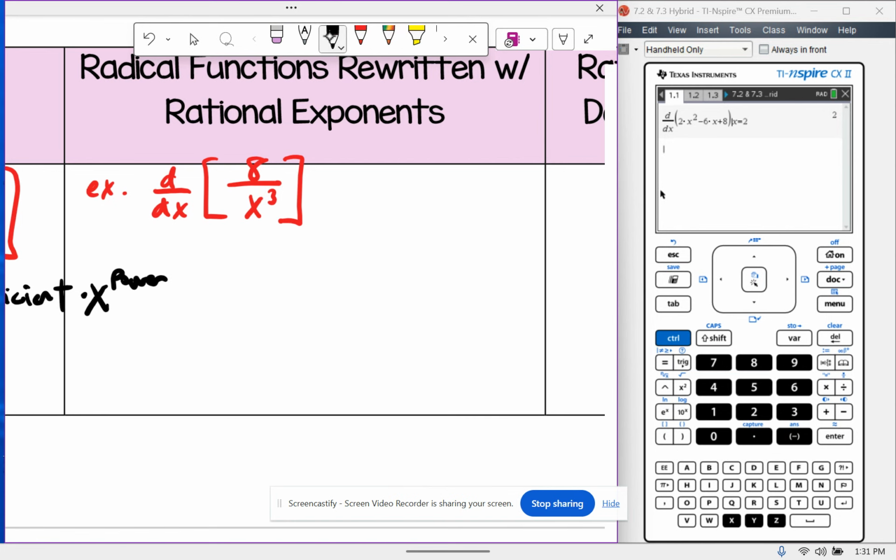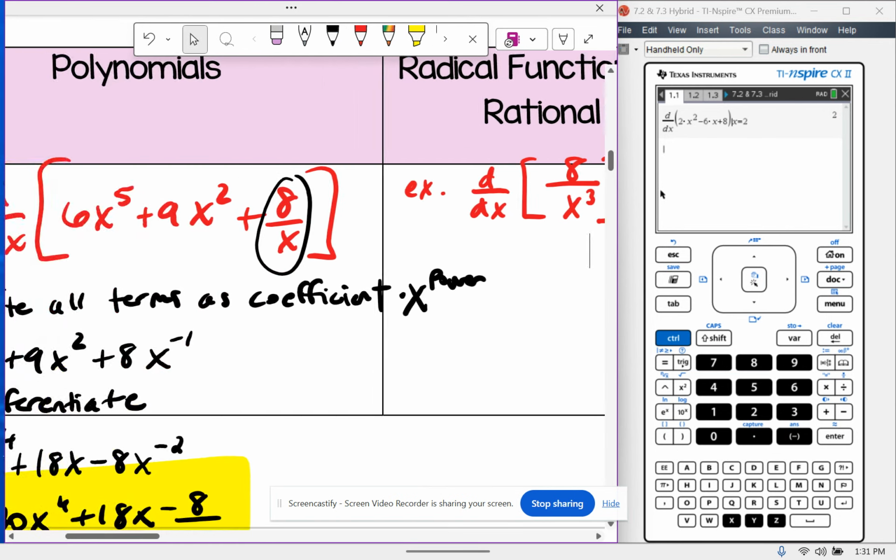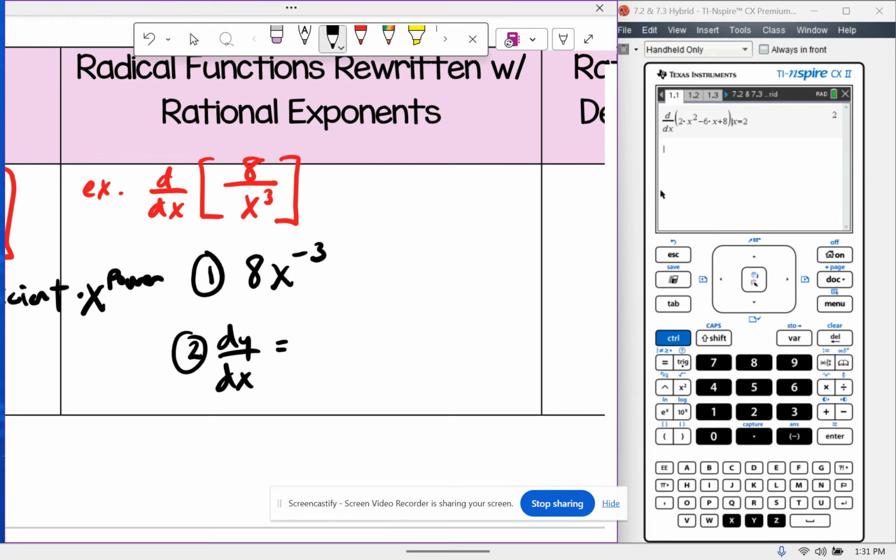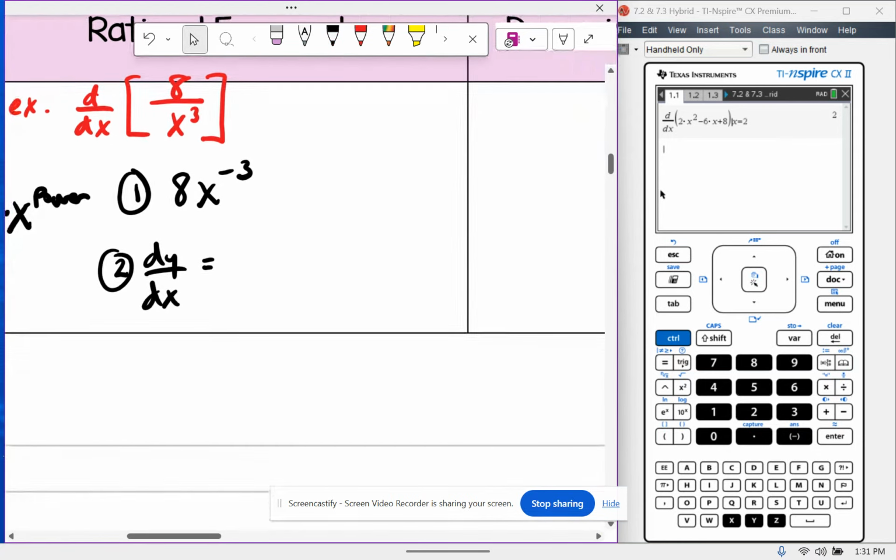So step 1 is going to be the same as step 1 over to the left. Rewrite all terms as coefficient times x to a power. So this would get rewritten as 8x to the negative 3rd, okay? Then I would take the derivative of that. I would drop the negative 3 down in the front and multiply it by the 8.